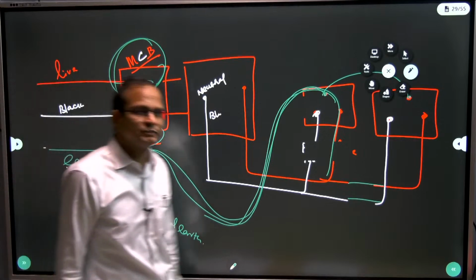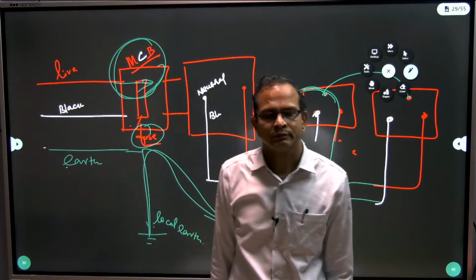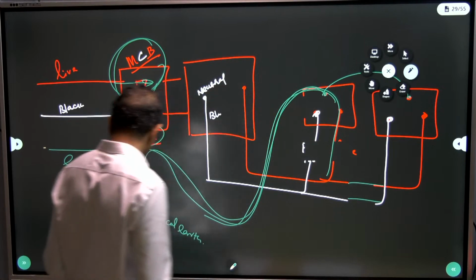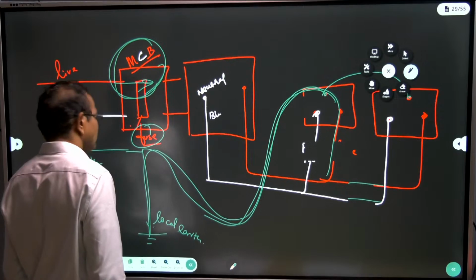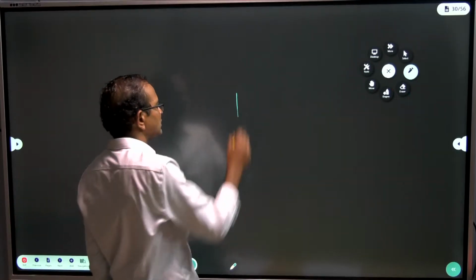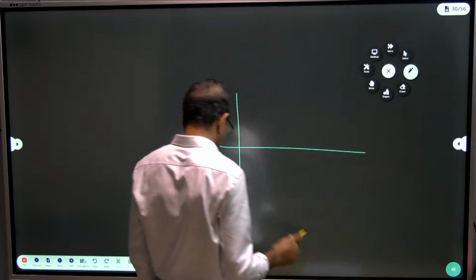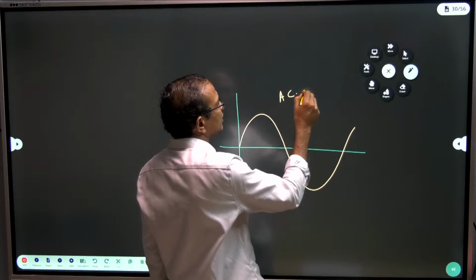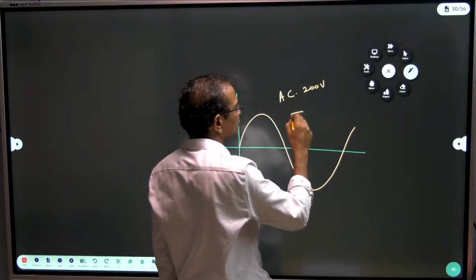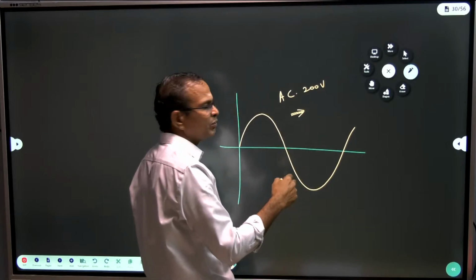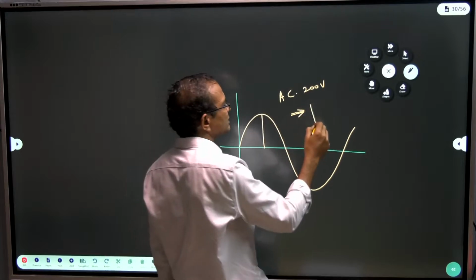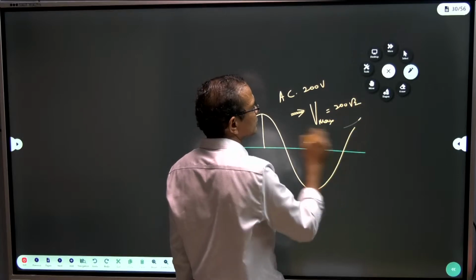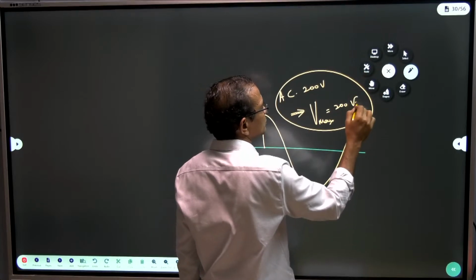Anything else, Kanna? So difference between alternate current and direct current, sir? Alternate current and direct current ரொம்ப டீப்பாக போக முடியாது, ஏன்னா அது +2 part. I cannot go very deep into that. Alternate current, suppose AC of 200 volt means the maximum voltage is 200√2.